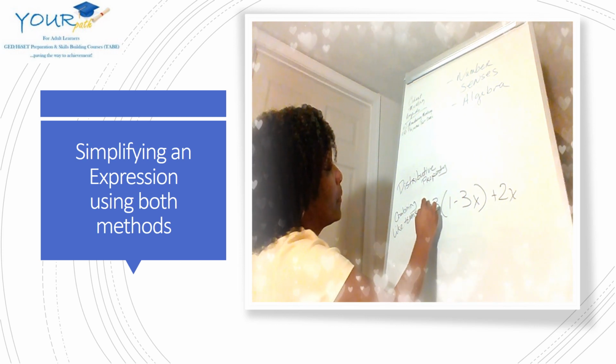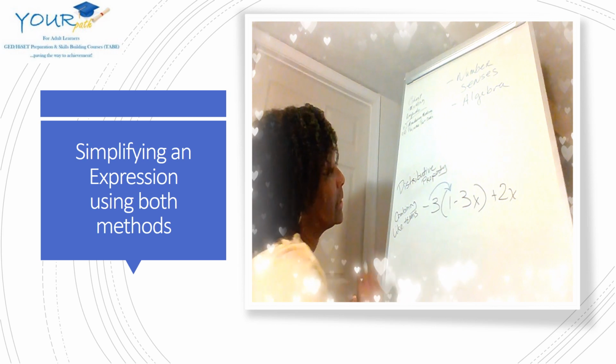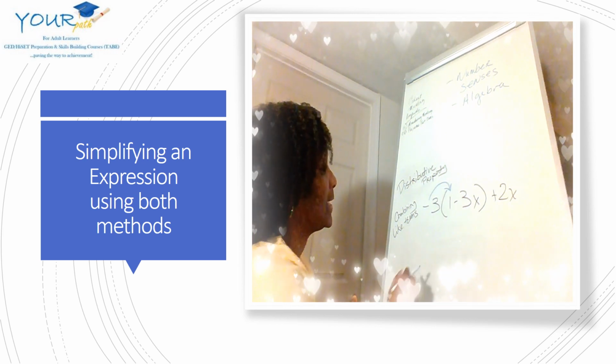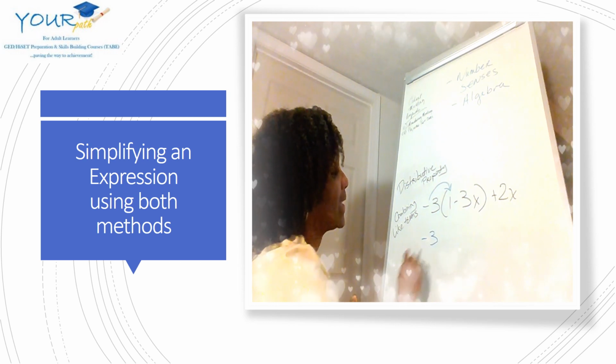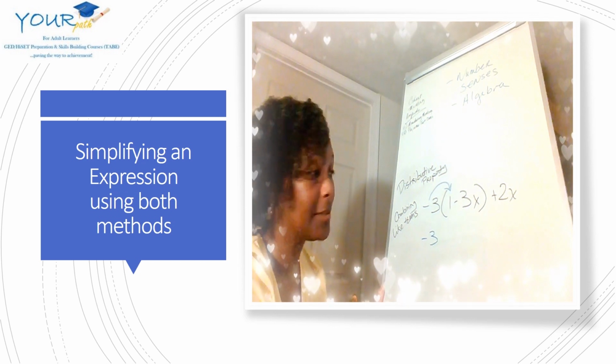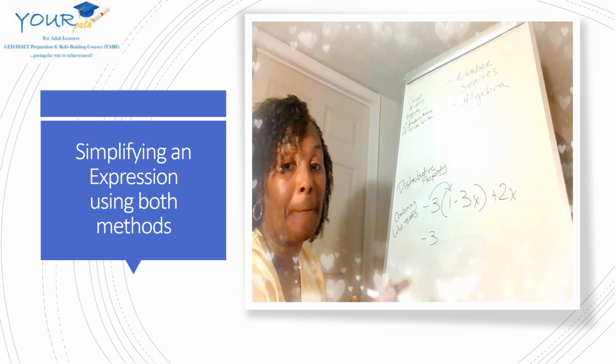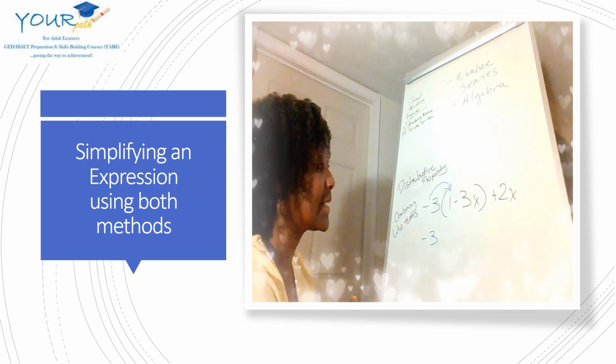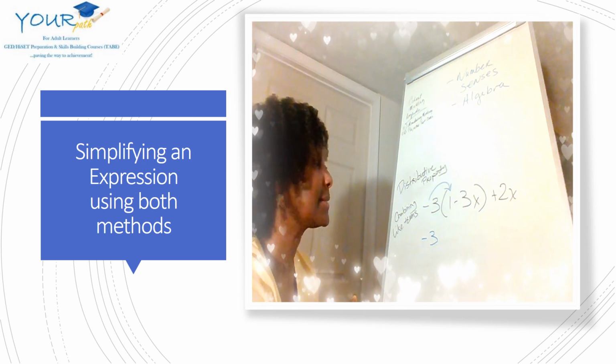We're going to multiply negative 3 times a positive 1 first, which will give us a negative 3 because we have a negative times a positive, and the rule is that it gets a negative sign. So a negative times a positive is a negative.